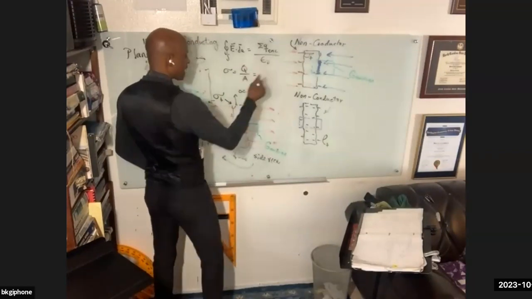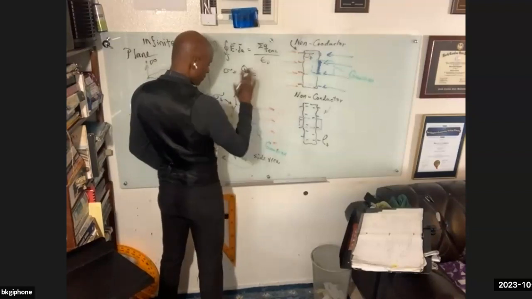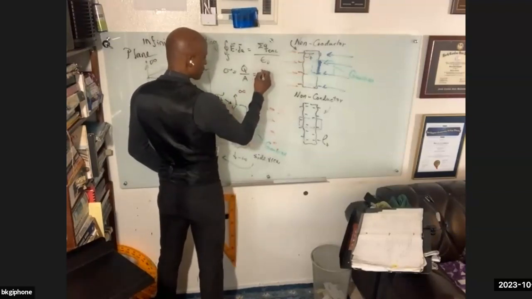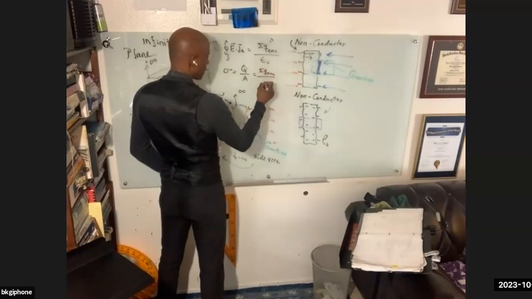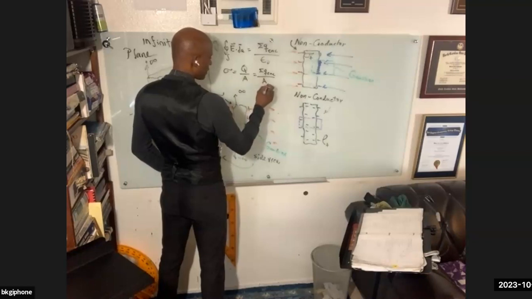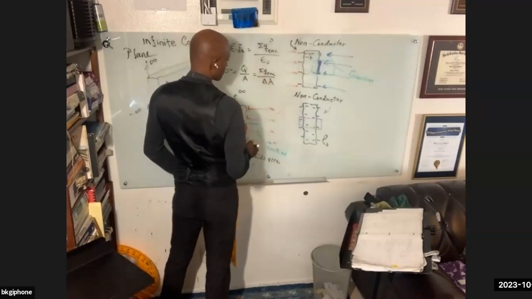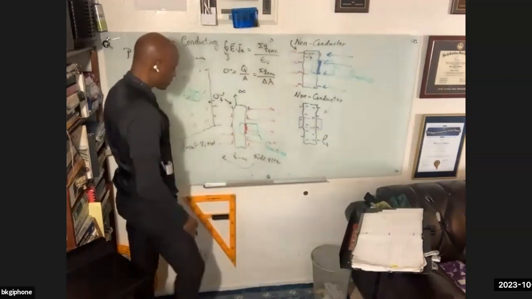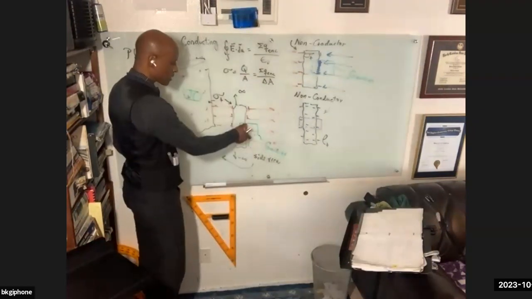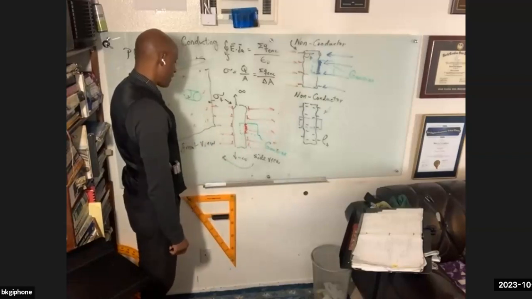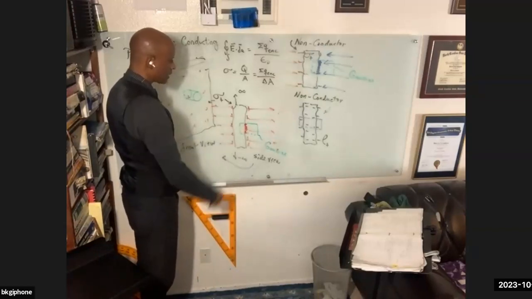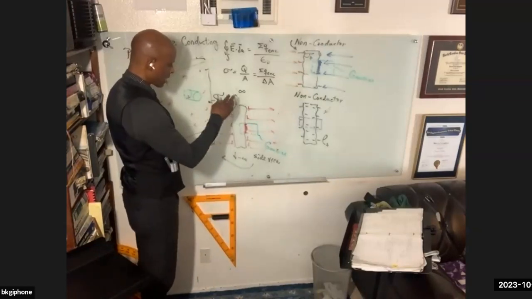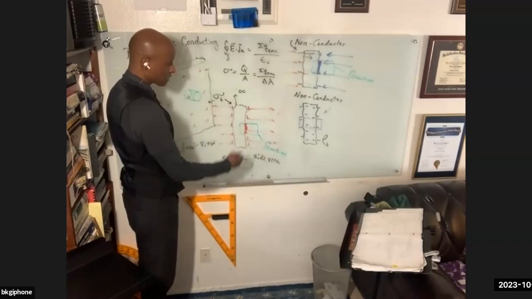But if you take some finite surface area, then it's just the charge enclosed inside that little area divided by the area of that differential area or delta area, however you want to call it. And so that's what we're doing. We're taking a little cross-section area here, and the amount of charge that's inside that divided by that area is going to be equal to sigma, because sigma is a constant.